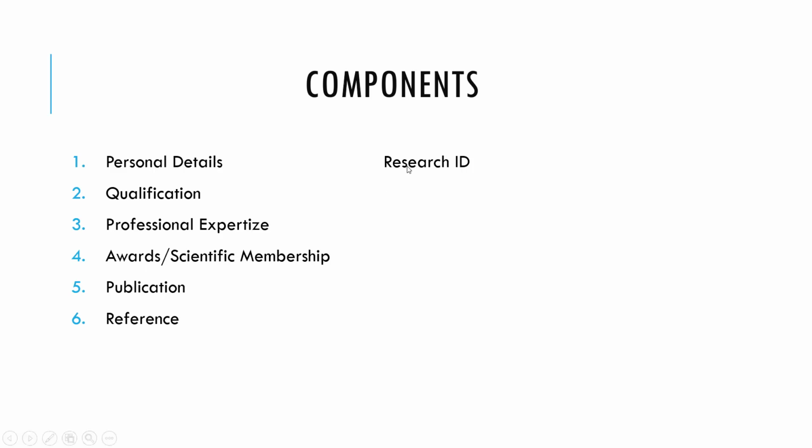The second is the ResearchGate ID, and the third is the Google Scholar ID. So you must mention three IDs: ORCID, ResearchGate, and Google Scholar.